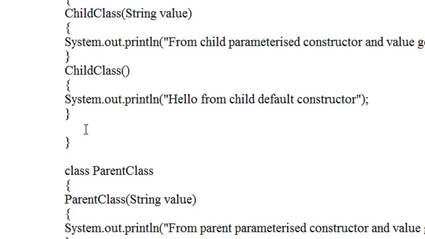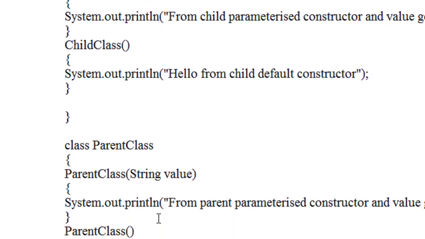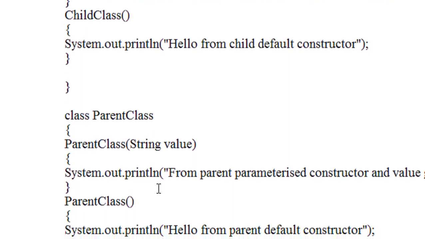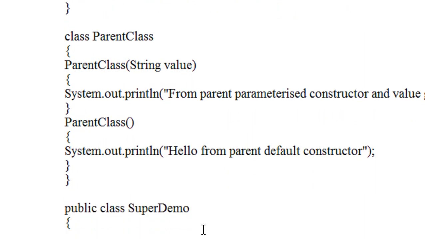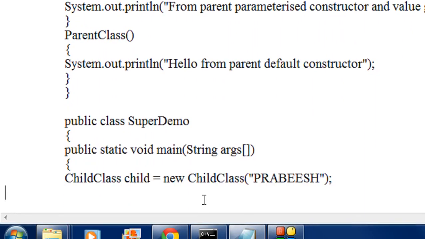In the case of a default constructor, we can see that it will first invoke the parent constructor, and then the child class default constructor. But here the thing is quite different. In this case, the parameterized constructor of the parent is not invoked by the creation of this object.